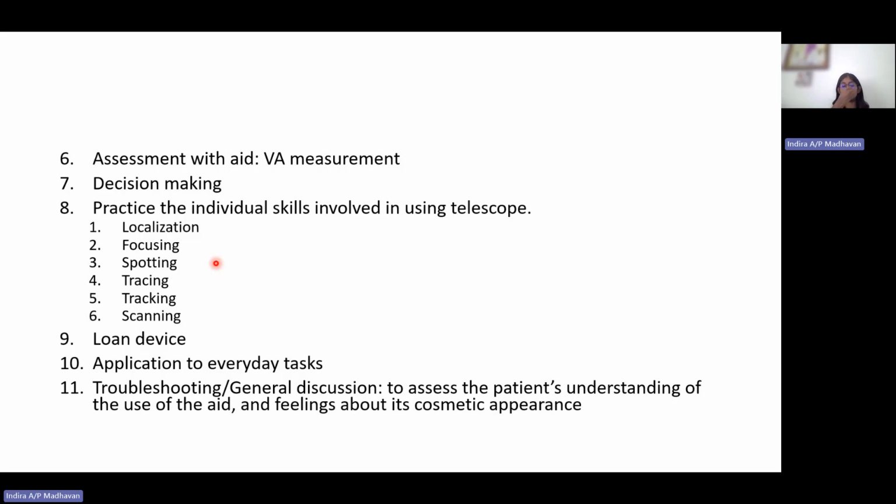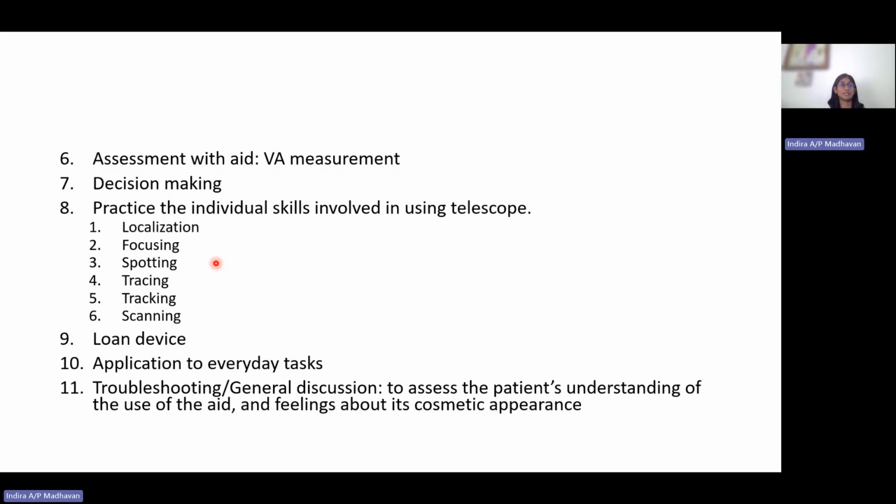To train them, just ask them to look at the distance visual acuity chart. Put your finger on any of the letters within the VA of the patient and ask them to locate your finger. That is localization. It means when they use the telescope, they can locate the object that they have to use. By training, they will get better.